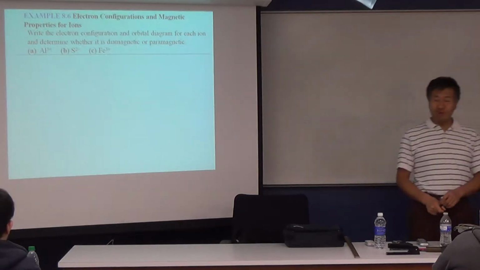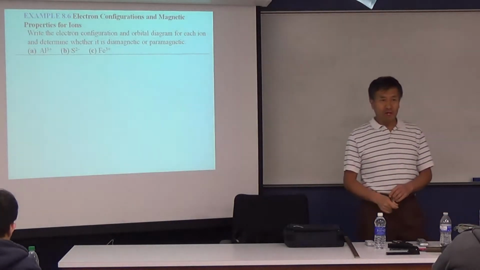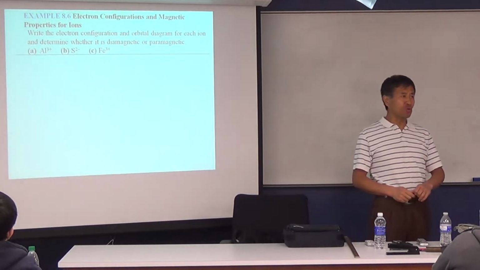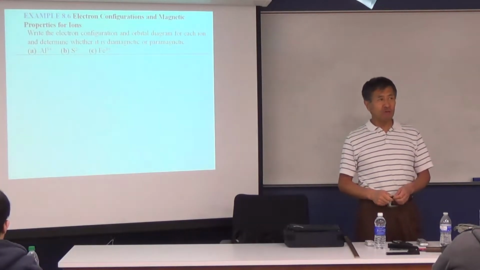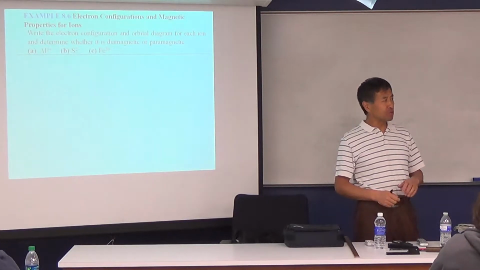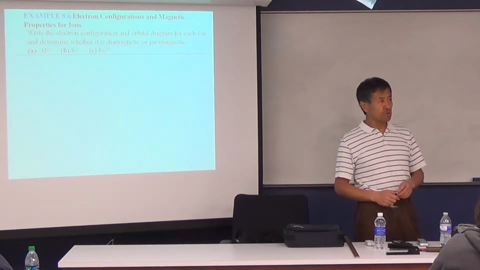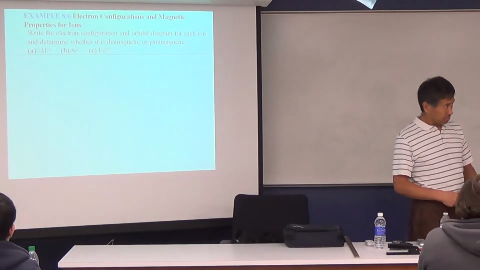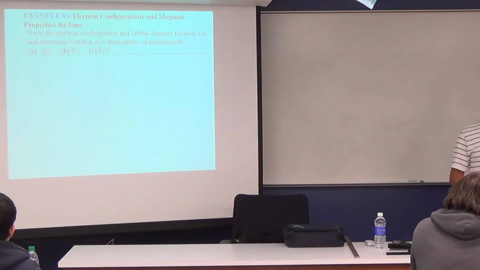So remember, when you take the electron away, you have to examine what kind of atom you have. Do you have a group A atom, or the other type of atom? We usually think about group 1A, group 2A, group 3A, or the so-called transition metals.